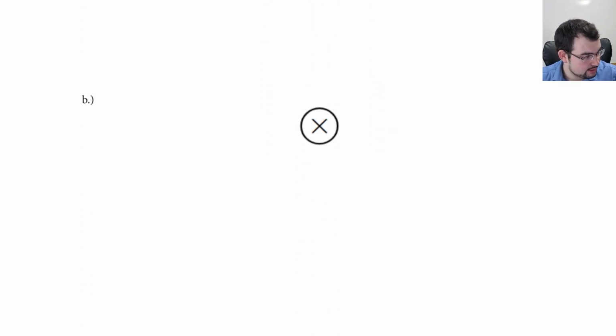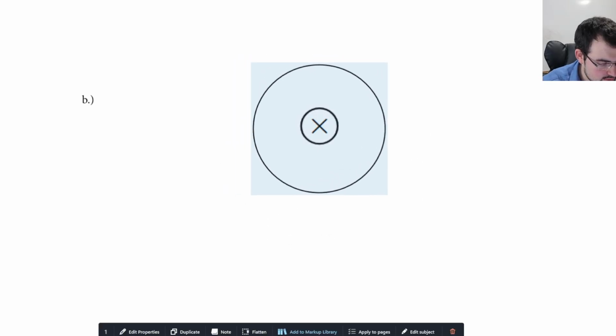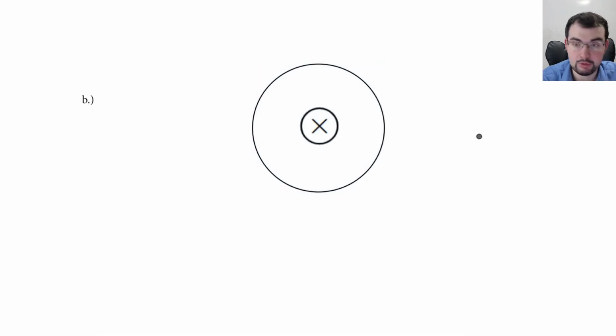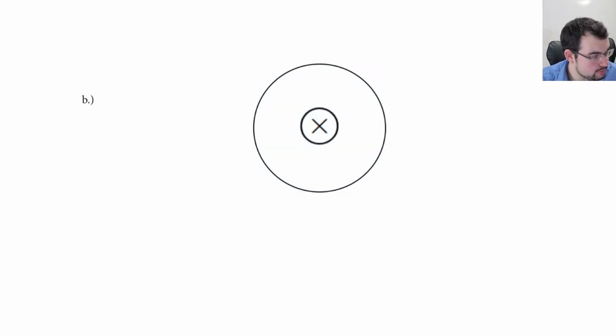All right, now we have a wire, and again, that X means it's carrying current into the page. So we'll draw ourselves a nice little circle here. That looks to be centered enough for government work. No, we'll nudge it a little bit. Good enough. So we know we're going to circulate. So how do we circulate? Well, I take my thumb and I stick it in the direction of current flow.